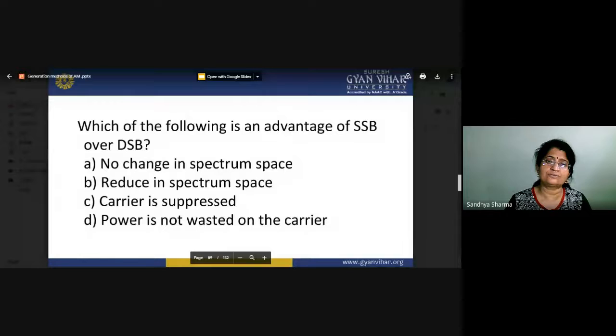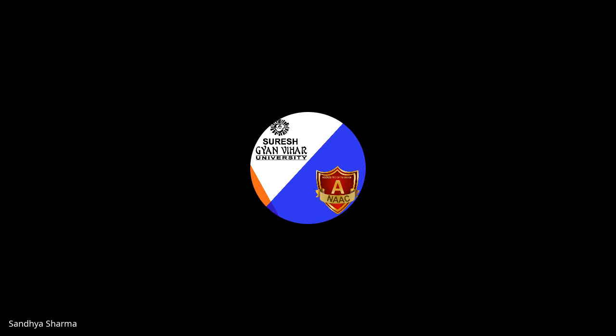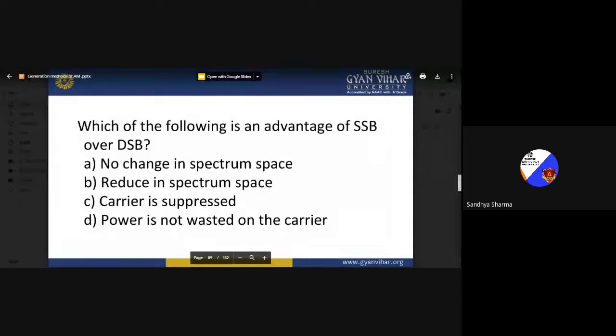So when we are working on the broadcasting system, we have to use a very simple receiver, so that handling of that receiver is very easy for common people. That is the basic requirement for a broadcasting system.